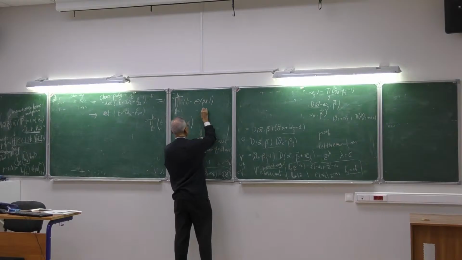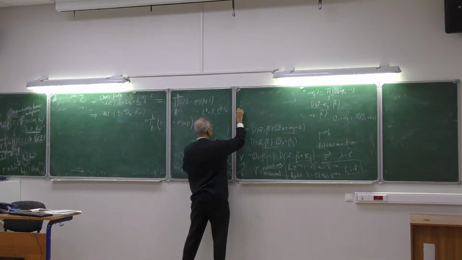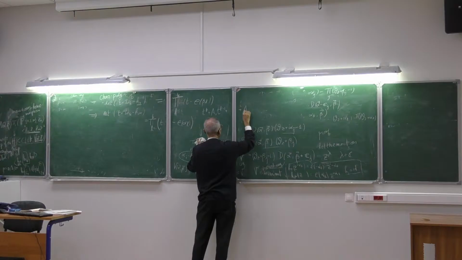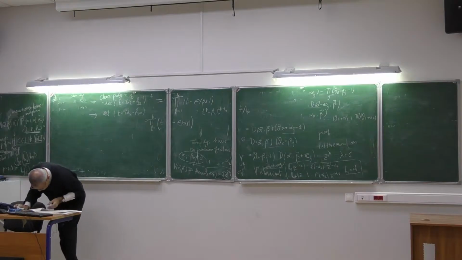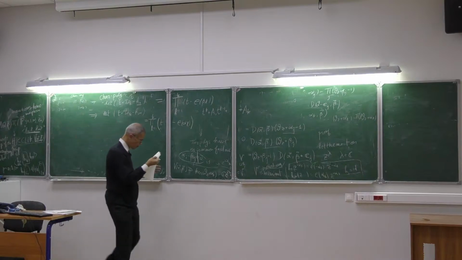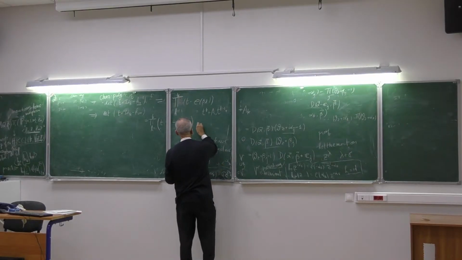It is t to the power k plus a_1 t to the power k minus 1, up to a_k, and this one is t to the power k plus b_1 t to the power k minus 1, and so on.